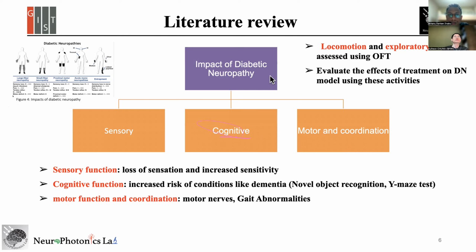So you're talking about human or animal? Animal. The locomotion and exploratory activities. But this one doesn't look like an animal; it looks more like the etiology of diabetic neuropathy. That can lead to a locomotion effect, right? Yeah, the feet and the leg.